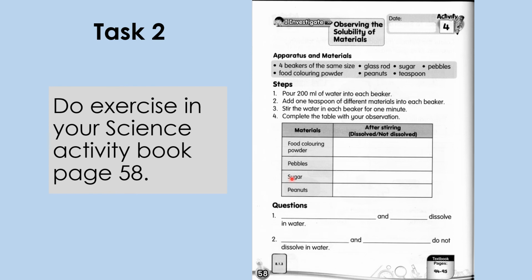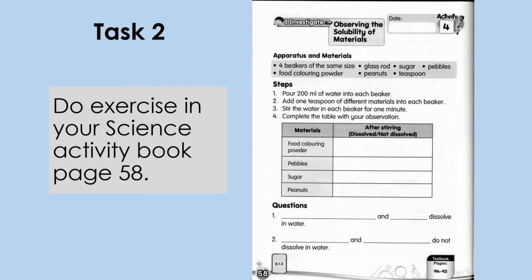Next, how about sugar? After you stir the sugar in the water, can you see the sugar? No, right? Where's the sugar? The sugar dissolved in water, so we cannot see the sugar after we stir the water. So we write dissolve in this space.